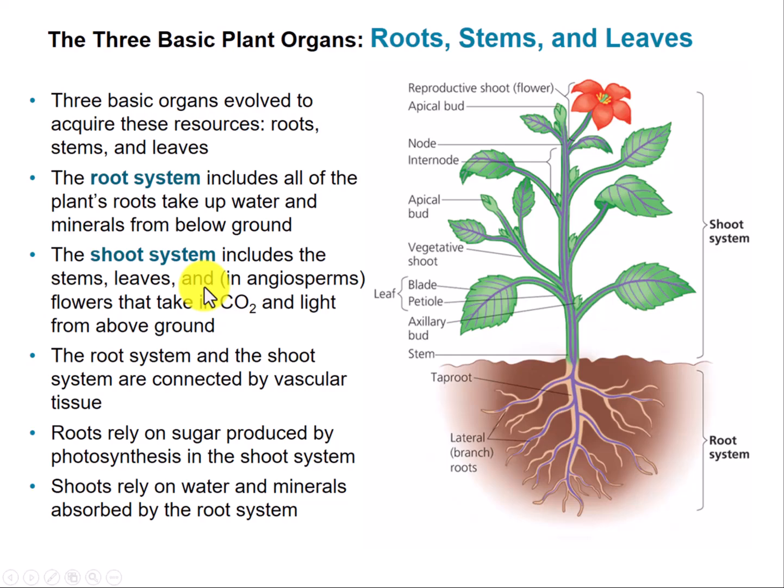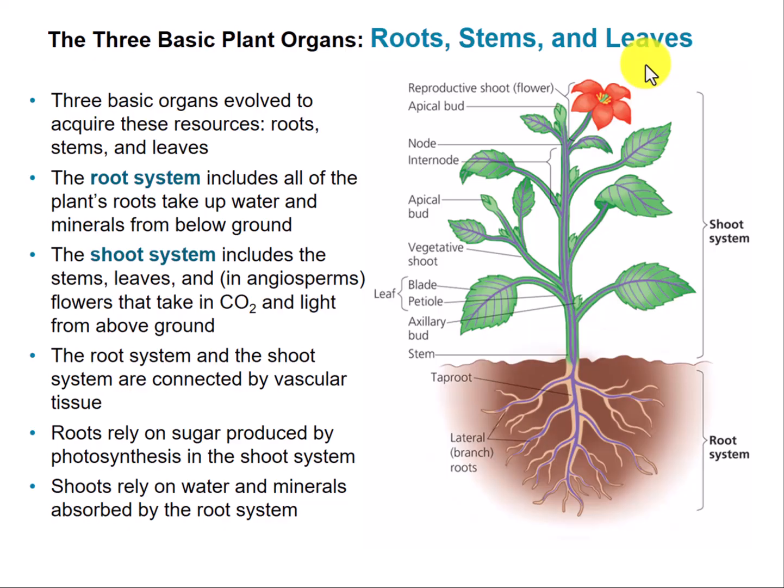The shoot system includes the stems, leaves, and in angiosperms, flowers, and takes in CO2 and light from above ground. So again, remember, our organs are our roots, stems, and leaves.